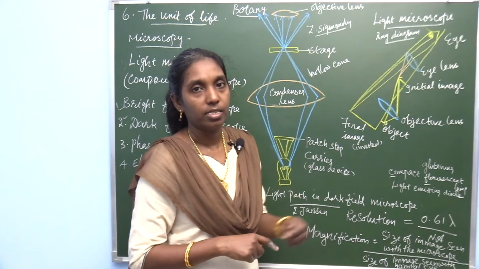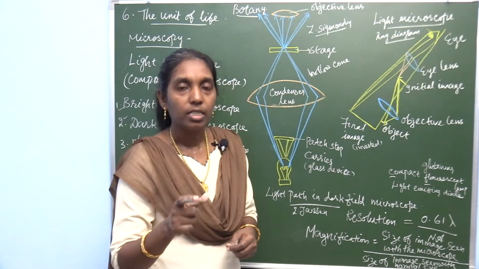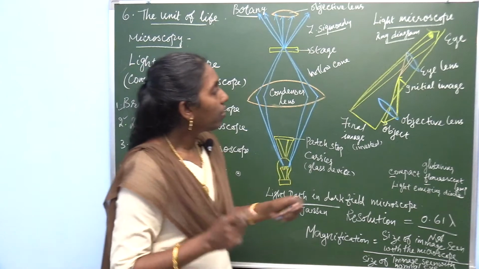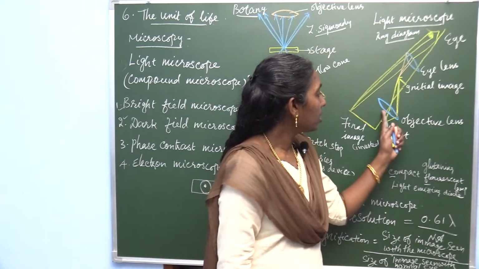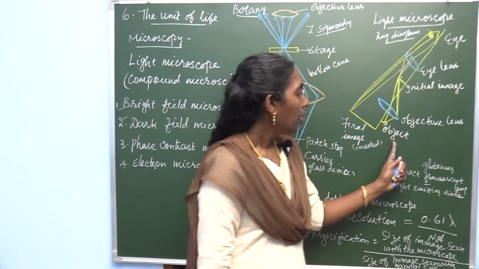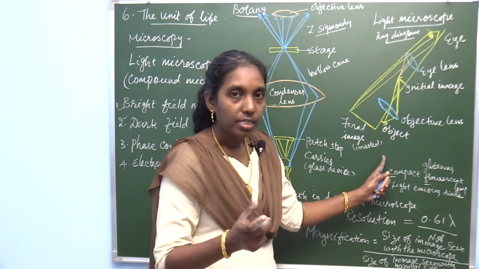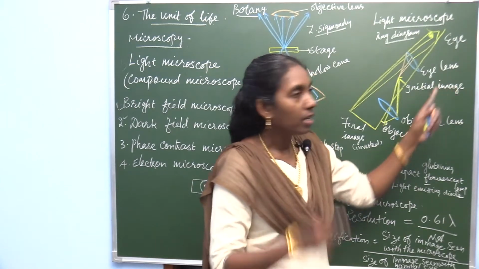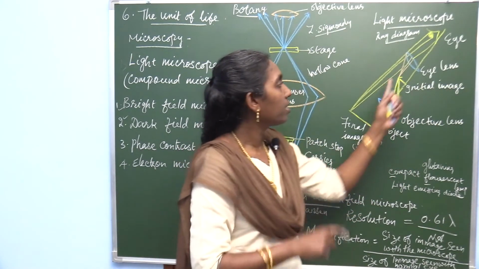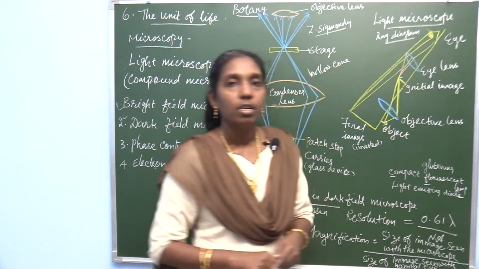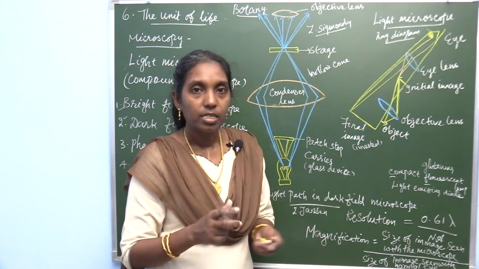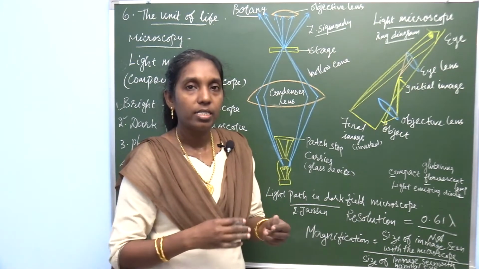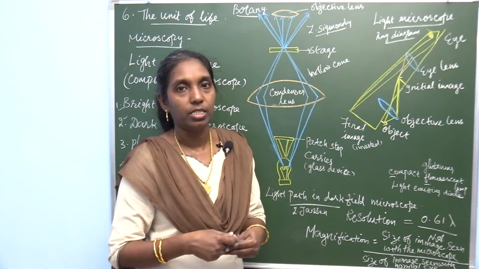different lenses. At first we are adjusting the condenser lens. There are a number of lenses. One is the objective lens. This lens is the objective lens. Below this object there is a lens called the condenser lens, and near the eye there is a lens, that is the eye lens. All these different types of lenses magnify the images.